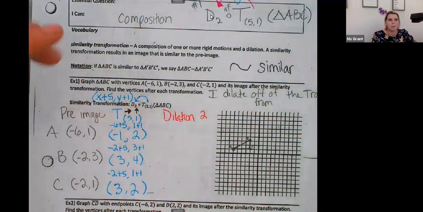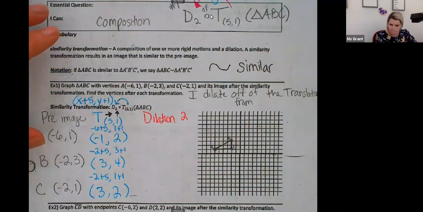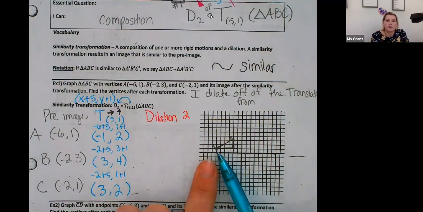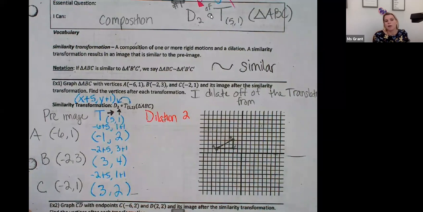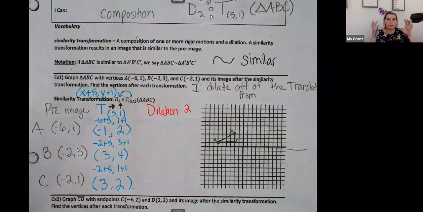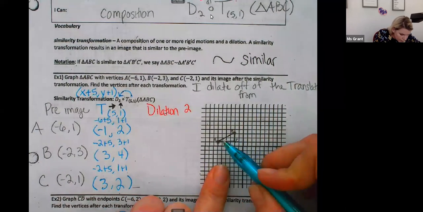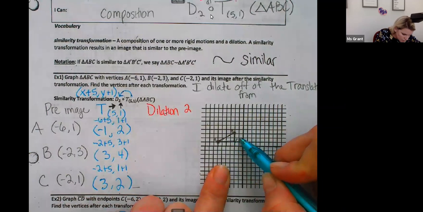All right. Blue is my translation. Now, I could say from every dot, go 5 to the right and 1 up and just go dot by dot. Or I could just graph my ordered pairs. So if you want to do it by using pictures alone, you would just say point A, count 5 to the right and 1 up. 1, 2, 3, 4, 5, 1 up. Hey, is that -1, 2?